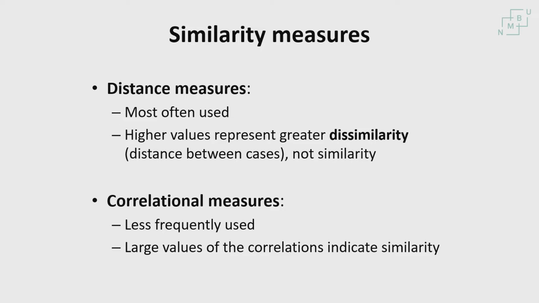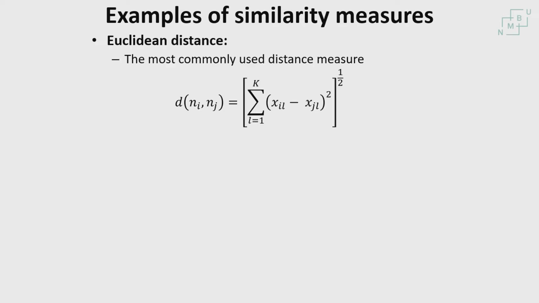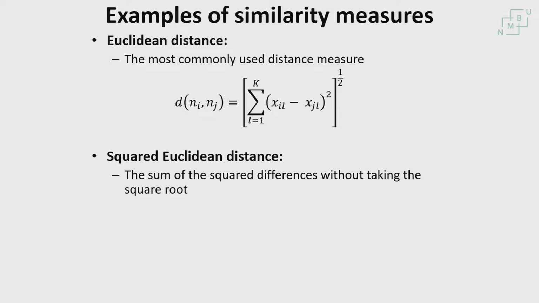And here, large values of the correlations indicate similarity between the samples. Now some examples of similarity measures. The most commonly used distance measure is the Euclidean distance. This Euclidean distance is the sum of the squared distances between the samples, where we take the square root in the end. We can also use the squared Euclidean distance, which is the sum of the squared differences without taking the square root.